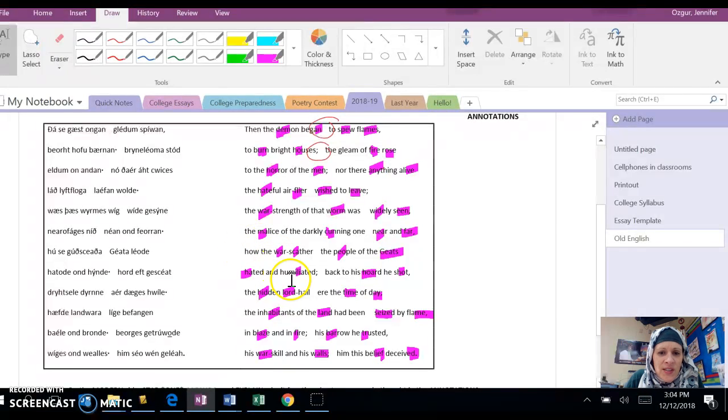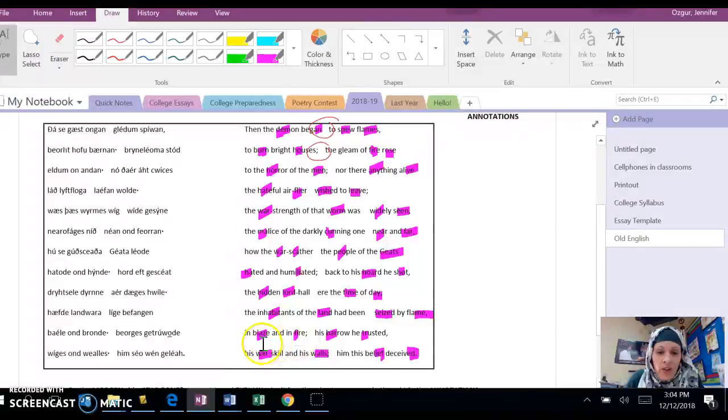How the war scather the people of the Geats, hated and humiliated, back to his hoard he shot. The hidden lord's hall ere the time of day, the inhabitants of the land had been seized by flame. In blaze and in fire his barrow he trusted. Now that actually sounds pretty good.